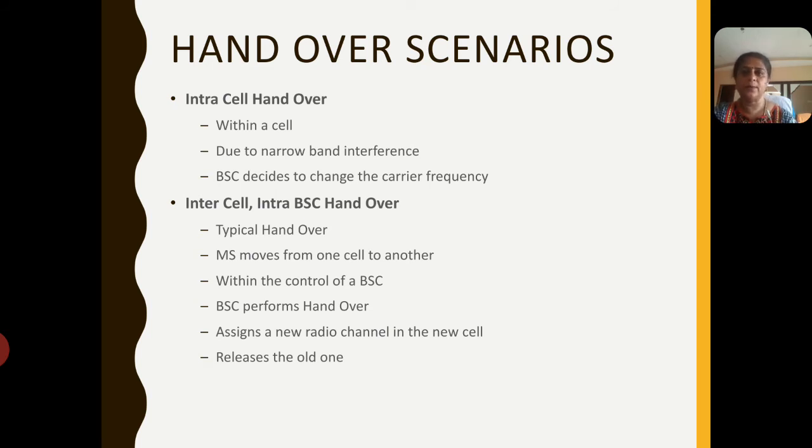This handover is performed by the base station controller. The base station controller releases the connection between the existing BTS and the mobile station and establishes a connection to the new BTS in another cell. This is called the intra-BSC handover.